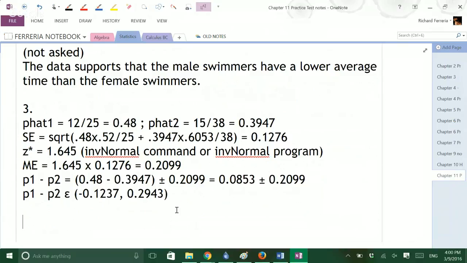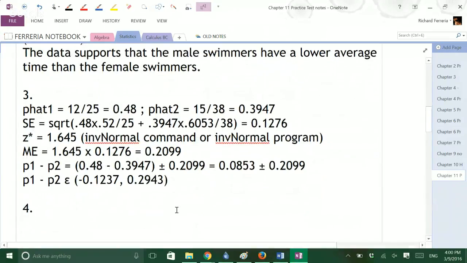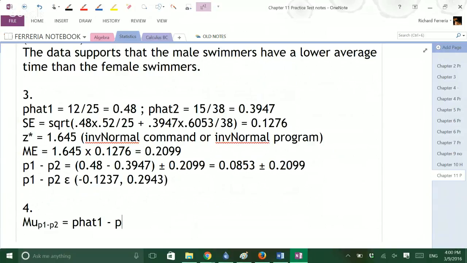The sampling distribution of the difference of sample proportions has what mean? Okay, so what we're actually asking is, what is the mean of P hat 1 minus P hat 2? Well, that's just going to be 0.2.